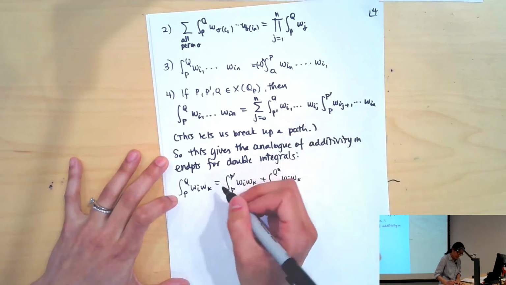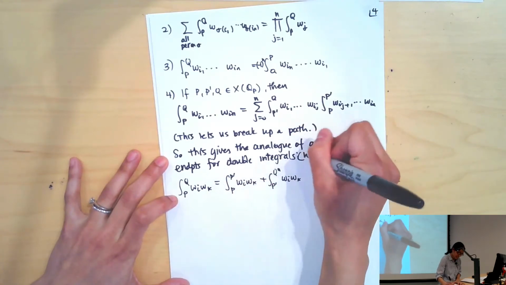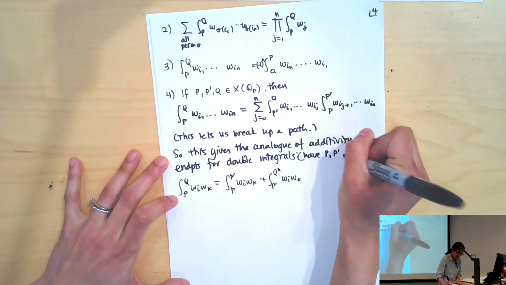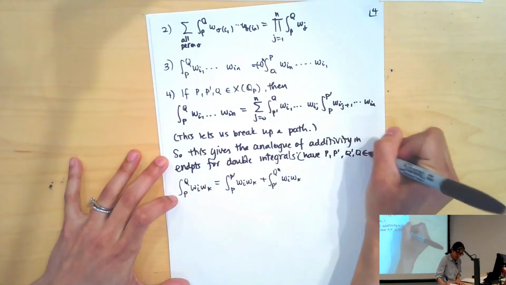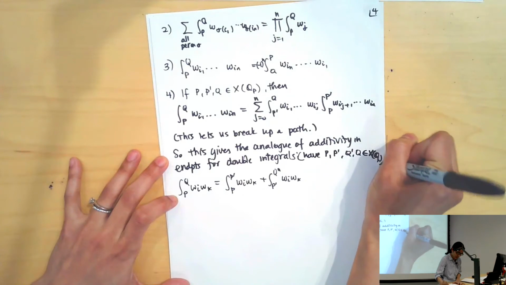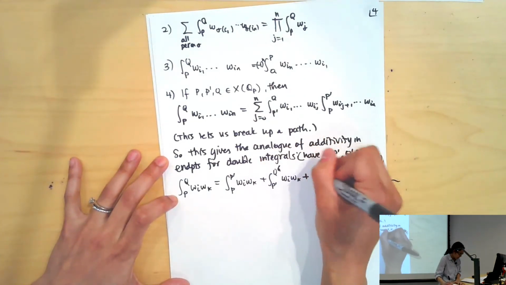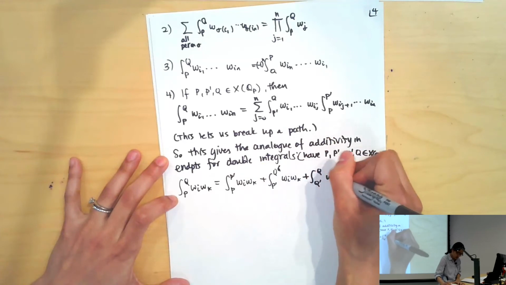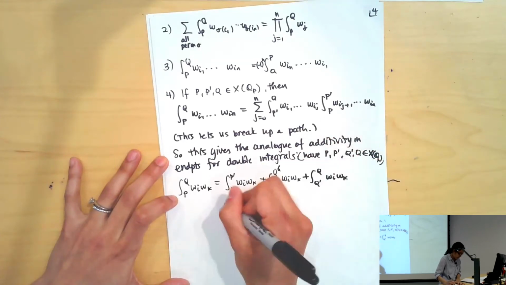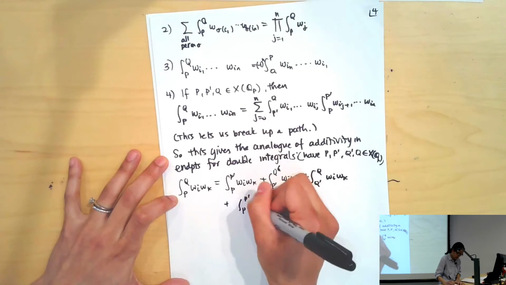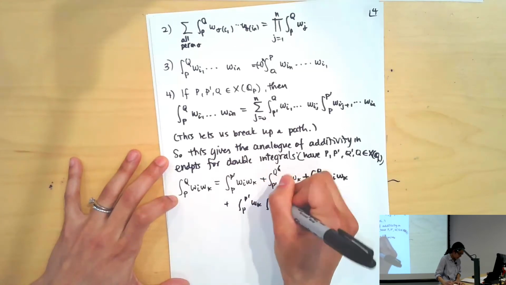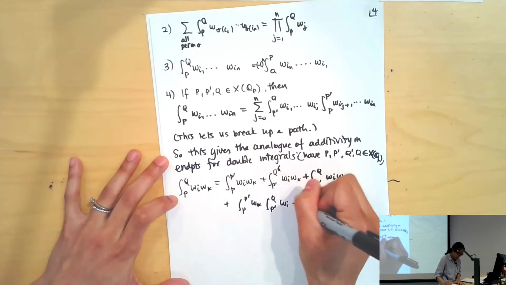Okay, so now I actually have p prime, q. All right, so p prime to q prime, omega I, omega k, plus q prime to q, omega I, omega k, plus several products of single integrals.